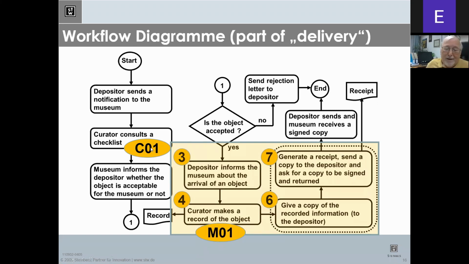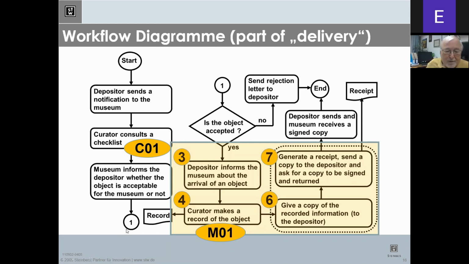Now we have an artifact that is C01. That means I have a checklist where I have to browse this checklist and say, okay, this is okay, this is okay, so the condition is okay, it's in line with my policy and so on. So it is a checklist. And then the museum informs the depositor whether the object is acceptable for the museum or not.